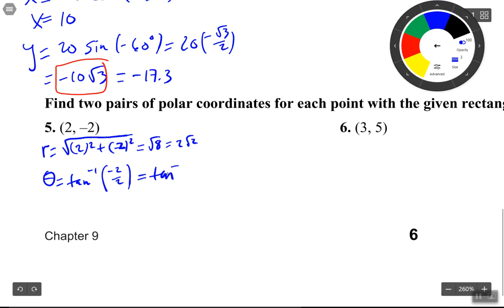What's the angle at tangent of negative 1? It's negative pi over 4, because we're doing inverse tangent, right? So this coordinate would be 2 square root of 2, negative pi over 4.